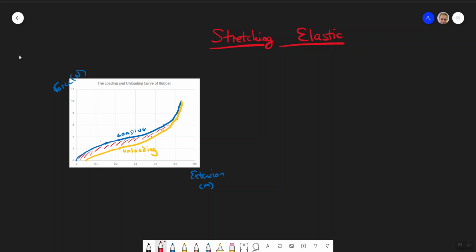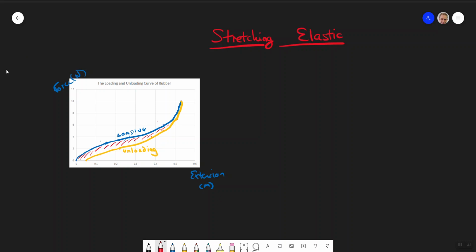So in stretching and unloading a rubber band, the rubber band will get warmer, so it gains this work as heat. So it's not in a permanent deformation of the structure of the material, it's actually in being a bit warmer.